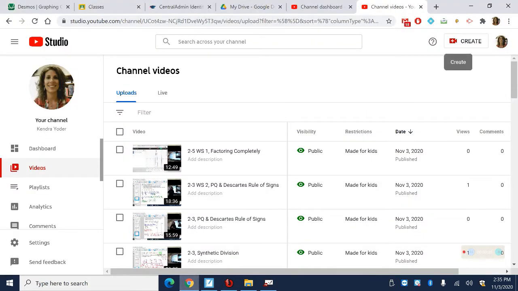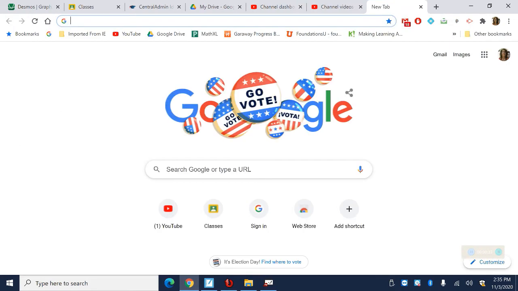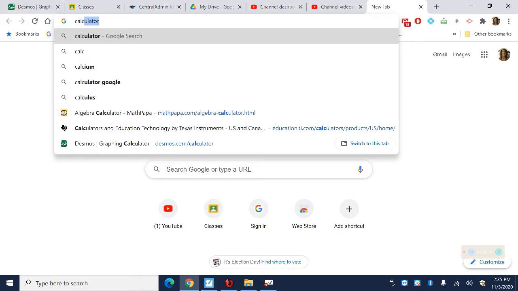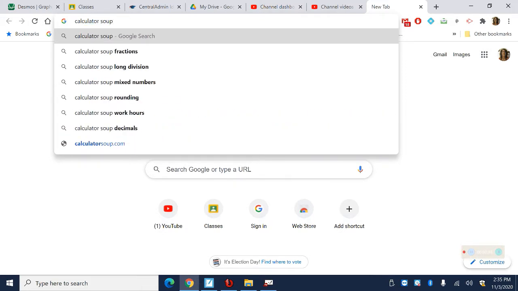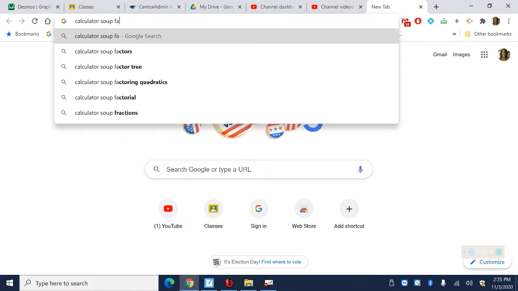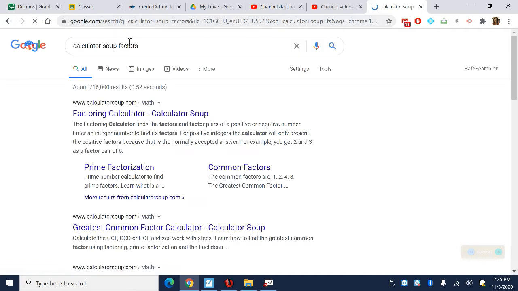So let's come over here, and you're going to type in calculator soup, factors. Come right here, because the whole point of this is to not miss any of the factors.